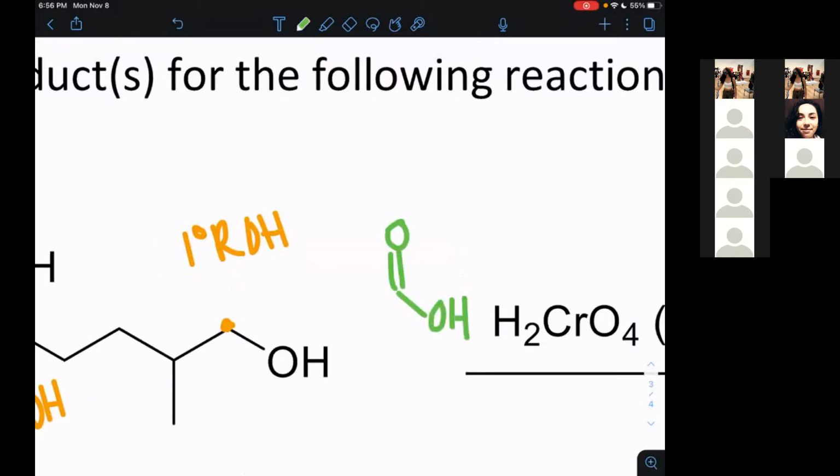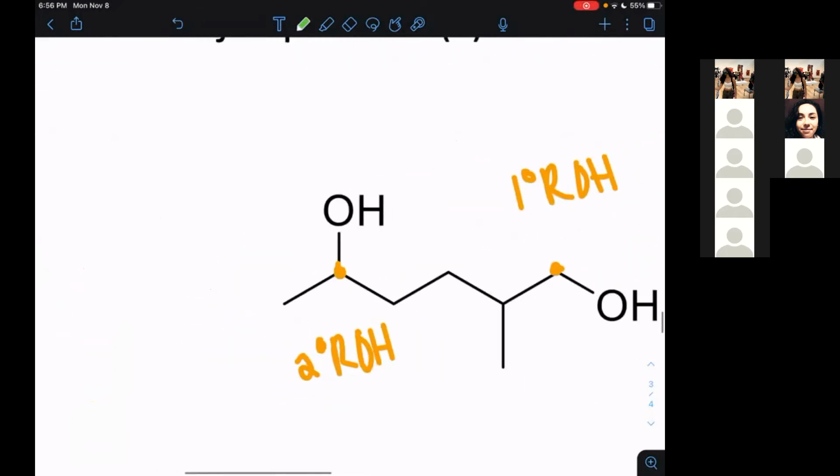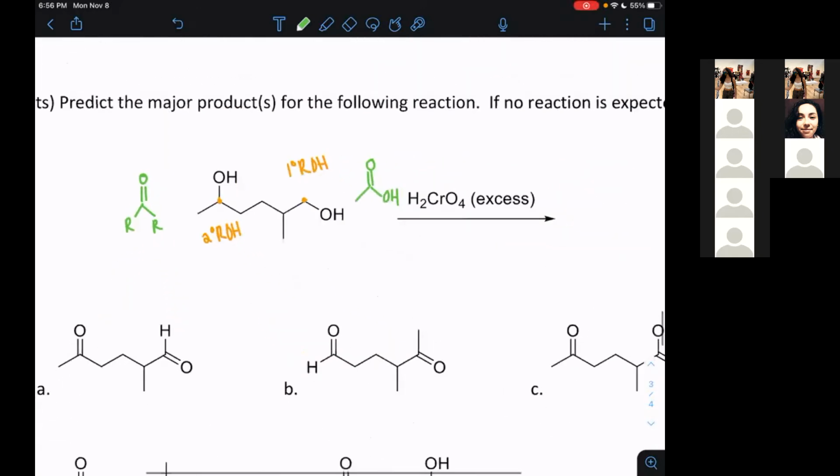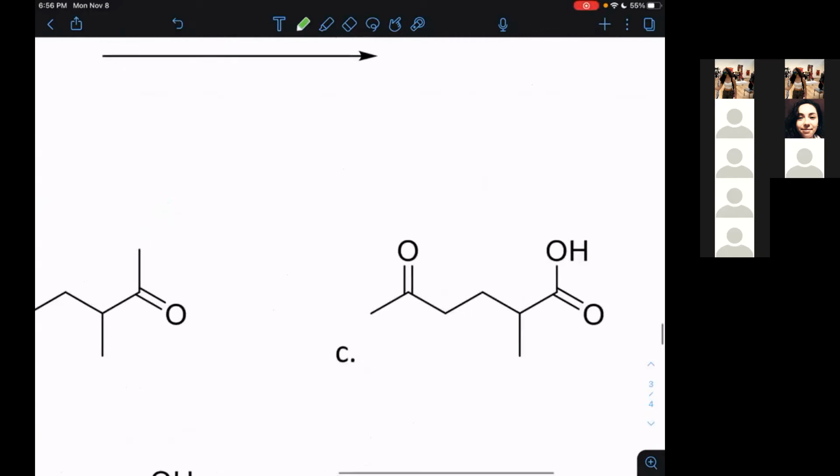Yes. So there's that on that side. And then for secondary, either PCC or chromic acid gives you a ketone.